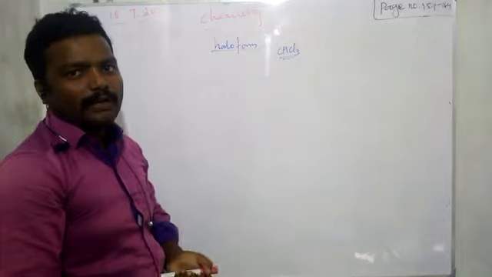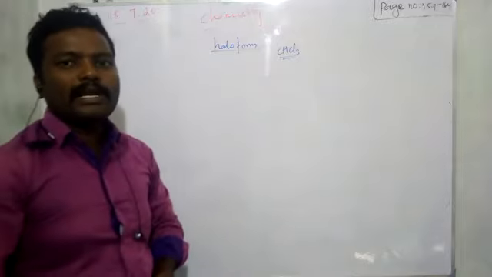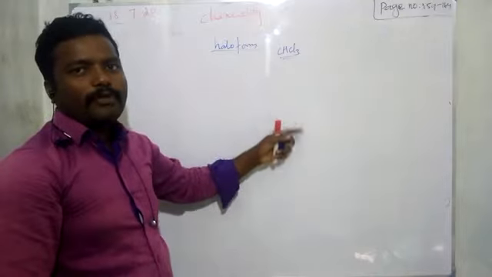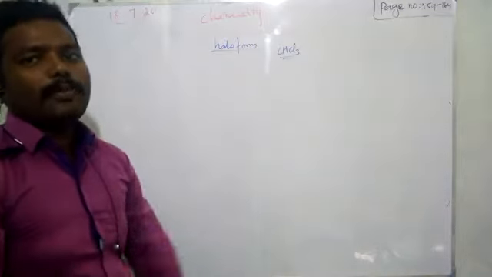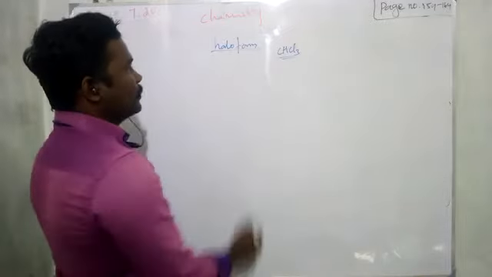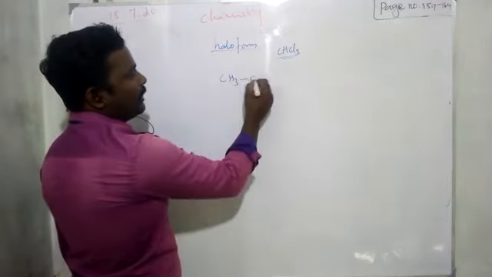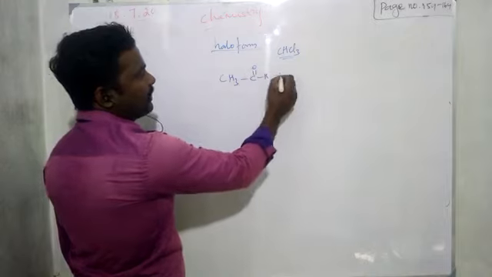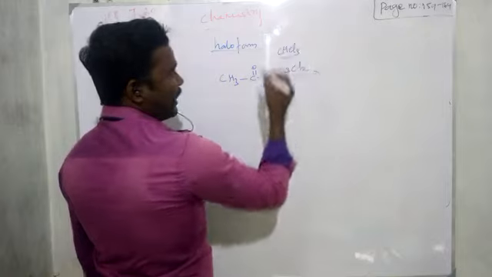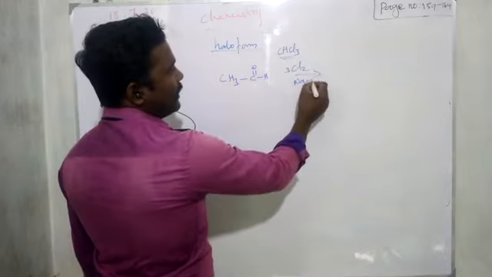All together we can call it a haloform reaction. What are the halogens we are using? Fluorine, chlorine, bromine, iodine. If you prepare chloroform, bromoform or iodoform, together we can say that is a haloform reaction, right? So we are going to take some aldehyde and ketone. Here we are going to take acetaldehyde with, not a catalyst, it is also a reactant, chlorine in the presence of NaOH.